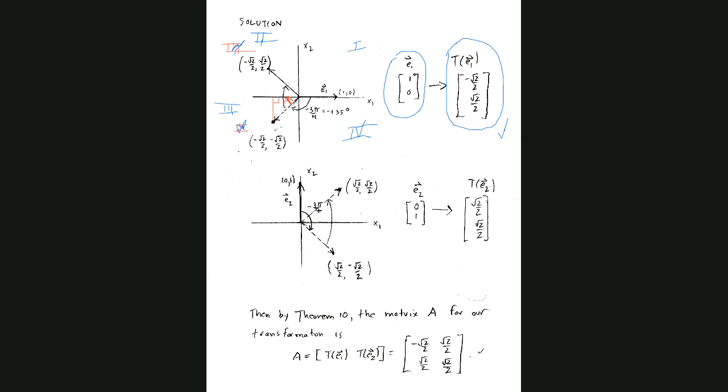So now we're going to take, and I don't want to make it too small, but I don't want things to disappear, now we're going to take the E2 vector, and we're going to rotate it clockwise, negative 135 degrees.